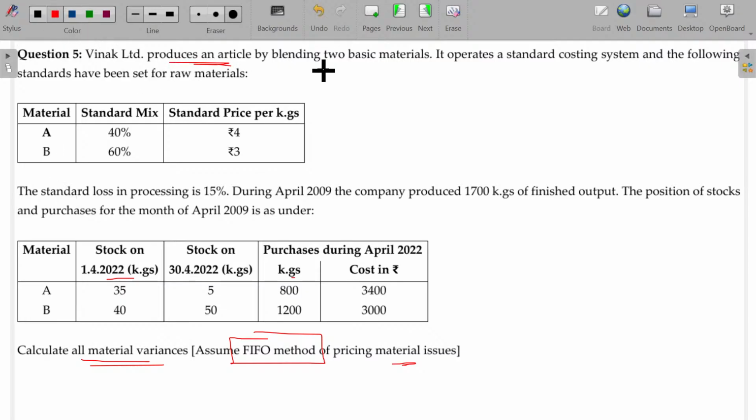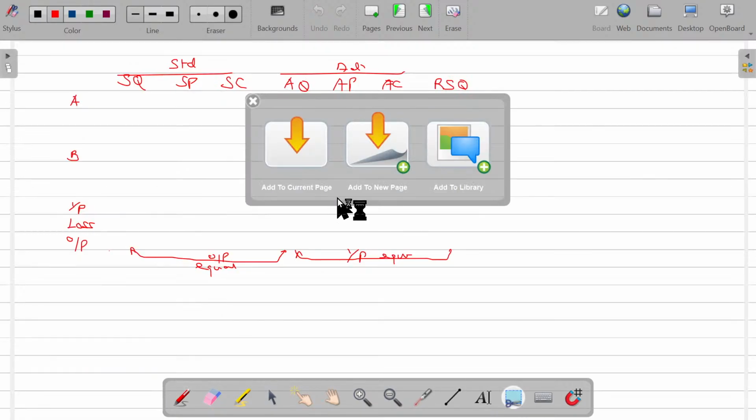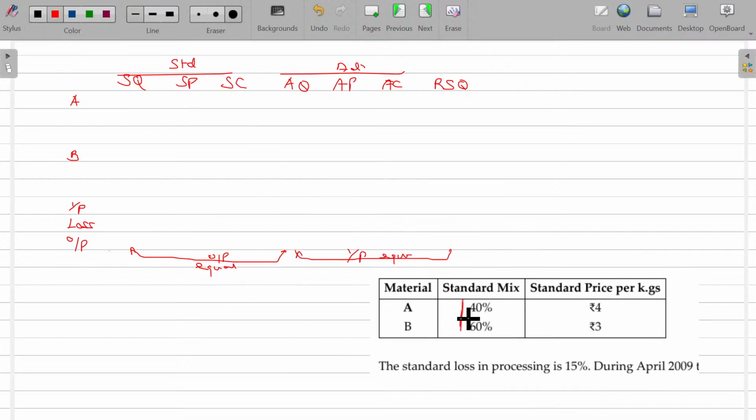Wake Limited produces an article by blending two basic materials. It operates a standard costing system, and the following standards have been set for raw materials. Okay. Standard mix being 40-60, standard loss being 15%. Whatever information is given related to the standard, first we'll finish up posting that in this diagram itself, so that we will be comfortable thereafter.